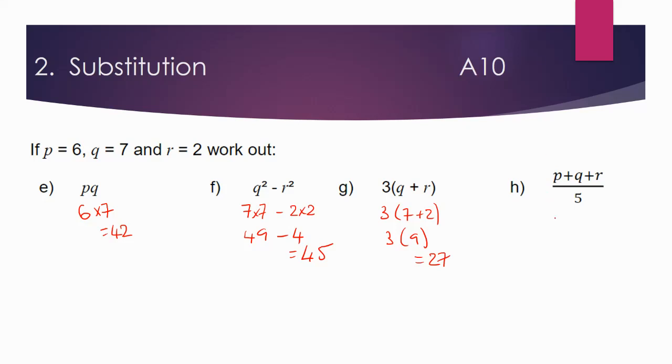And on this one, let's swap our letters for our numbers. We've got 6 plus 7 plus 2, all divided by 5. So 7 and 6 is 13, plus 2, 15 divided by 5 equals 3.